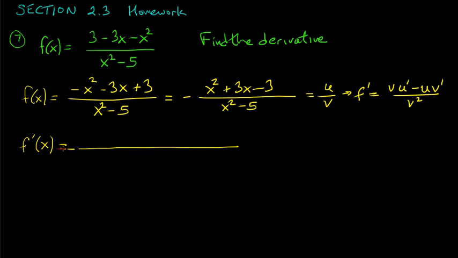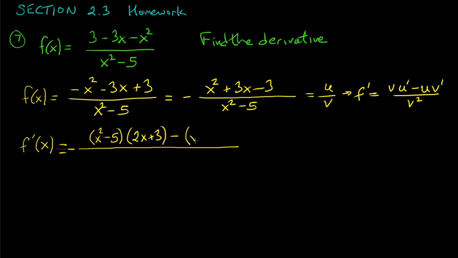Good enough, I guess. Just trying to erase my previous mistake here. All right, so f prime of x equals negative. So let's see, denominator is just x squared minus 5. The derivative of the numerator is just going to be 2x plus 3.